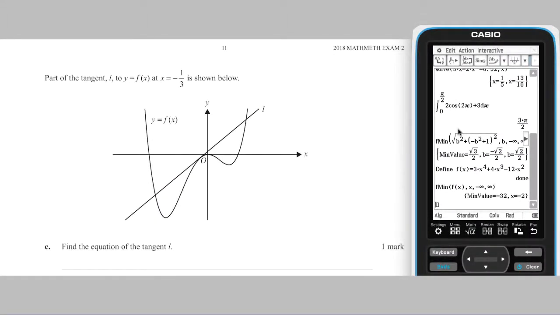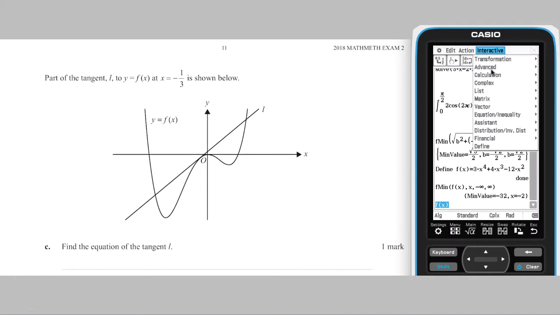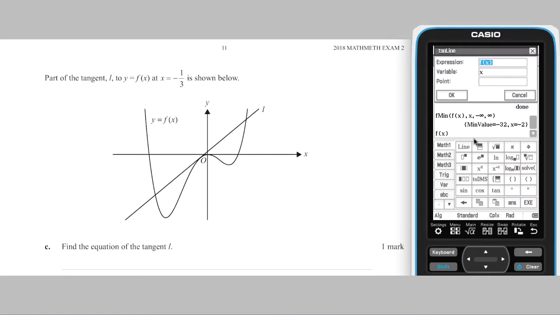Part C. To find the equation of the tangent L, I'm going to use the tanLine command on our function f of x. The tangent we wish to draw emanates from the point x equals -1/3.